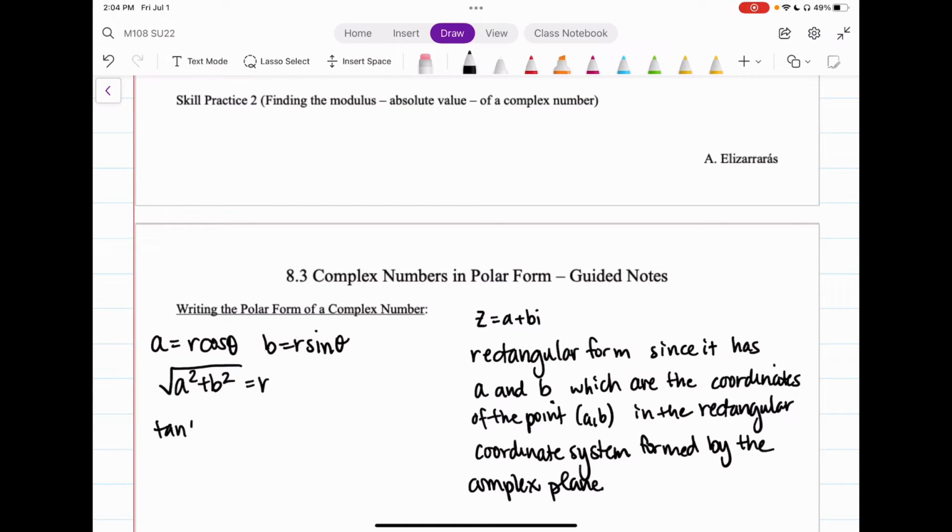Remember that the tangent of theta is equal to the opposite over the adjacent, or b over a, where a is not equal to 0. And then we can say that z is equal to r cosine theta plus r sine theta i. And if we factor out an r, z is the same thing as r times cosine theta plus i sine theta.